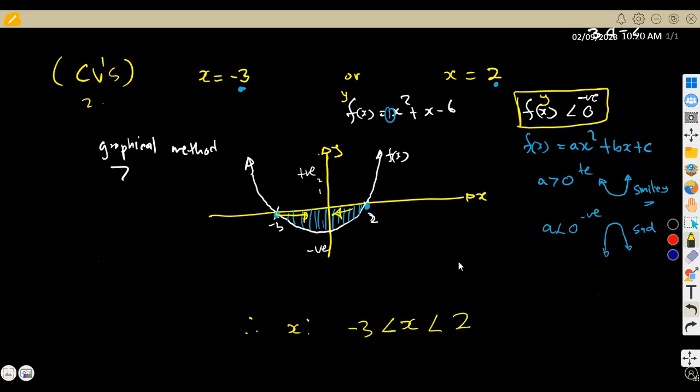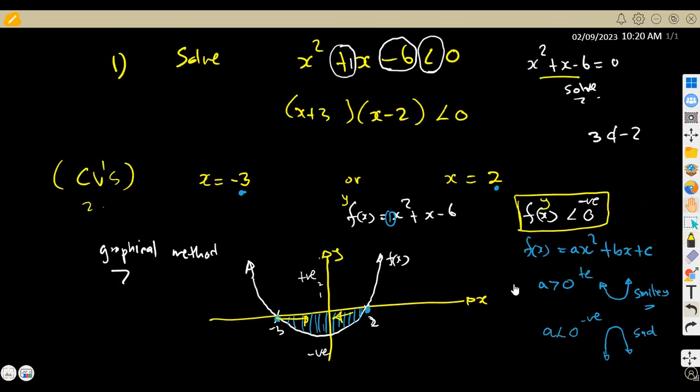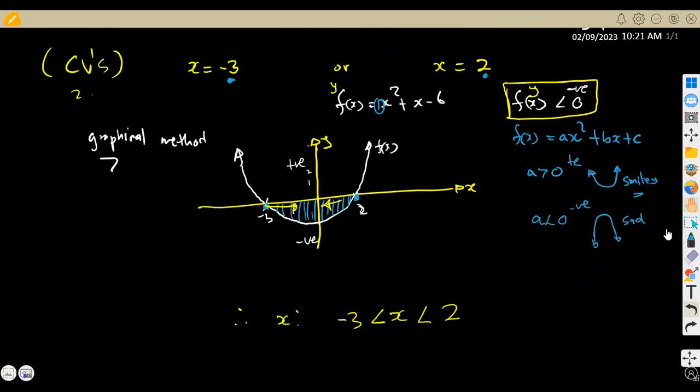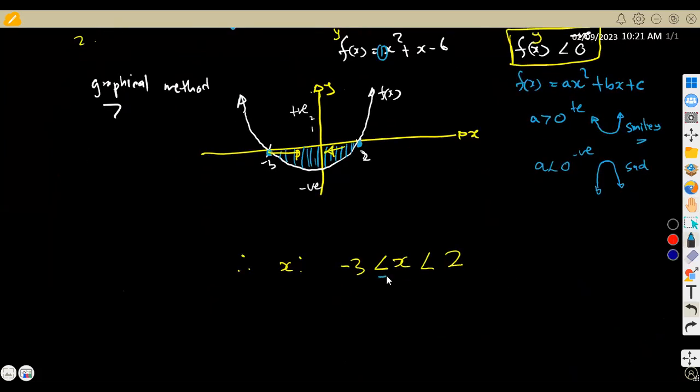All right. Take note on this consideration. If the condition we are given here was less than or equal to, your answers would also indicate less than or equal to, but we are not given that condition.